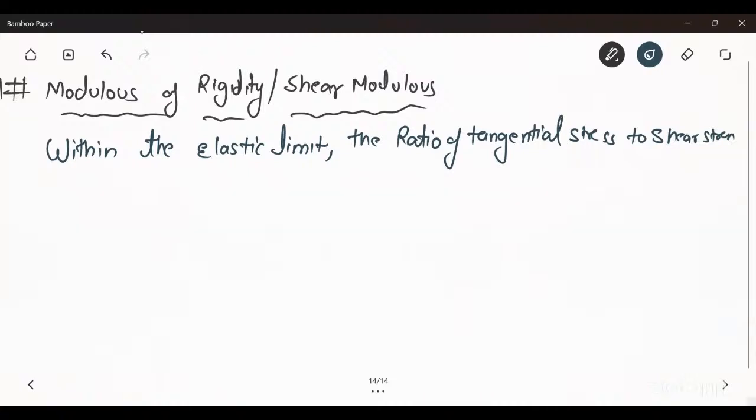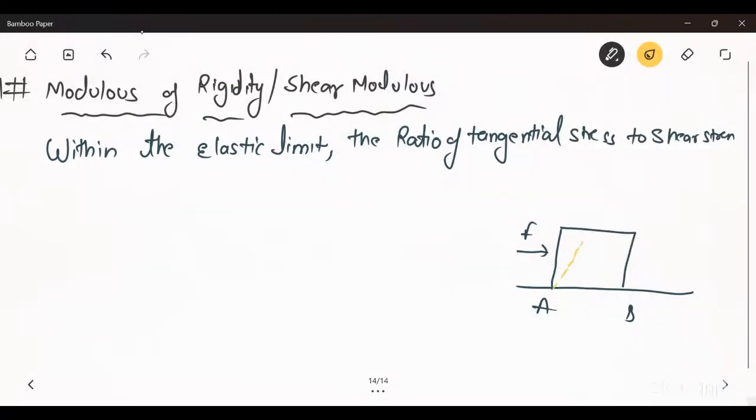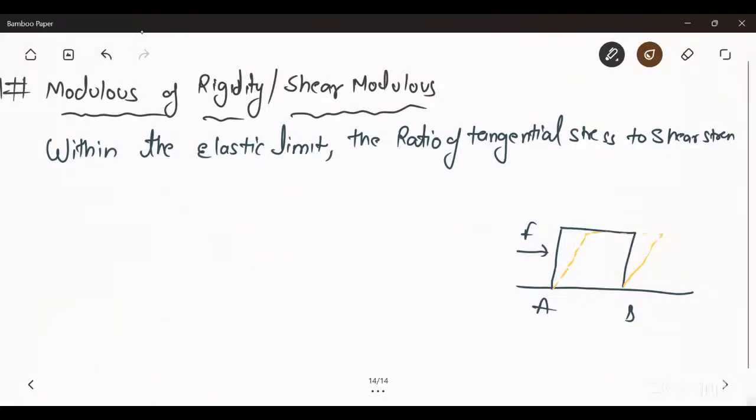Now, if a body has one fixed surface, AB, what happens if I apply a force along its length? It will bend like that. Shear modulus is denoted by eta.